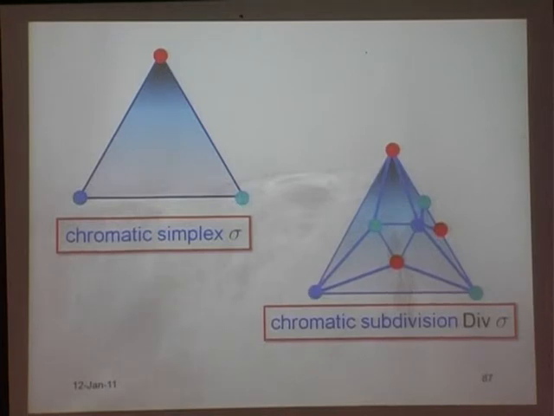Remember, chromatic subdivision just says that every simplex here that's subdivided is subdivided into pieces that have the same color. Every simplex here has distinct colors, and this red and green edge is given only red and green colors in its subdivision. So I'm going to have an arbitrary chromatic subdivision, which I'll write div sigma.